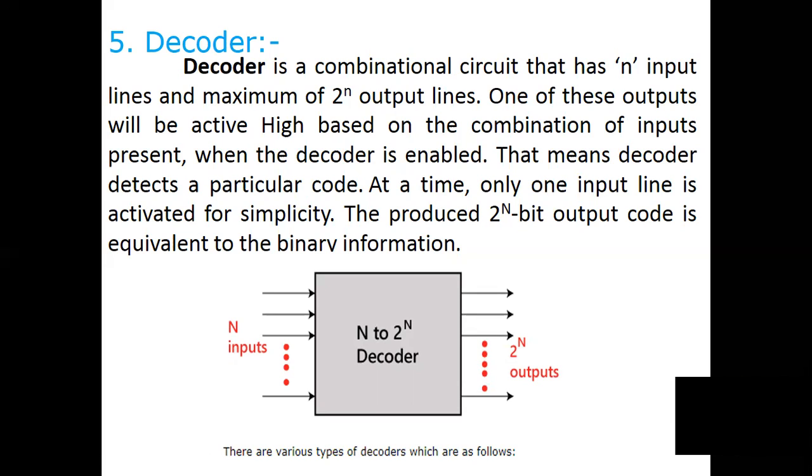Only one output line is activated. The produced 2 power n bit output code is equivalent to the binary information. So this is a block diagram of the decoder, showing the inputs and the 2 power n outputs.